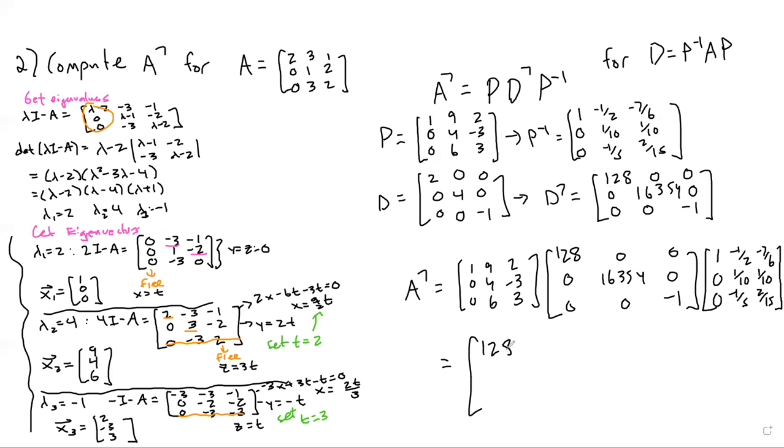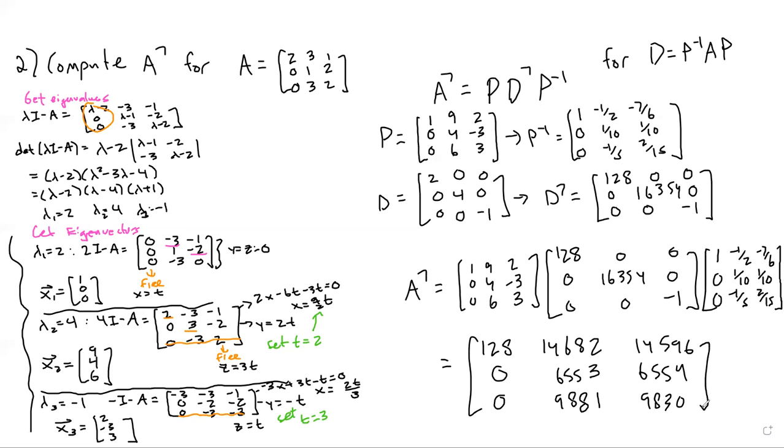And we're going to end up with 128, 14,682, 14,596, 0, 6,553, 6,554, 0, 9881, and 9830.